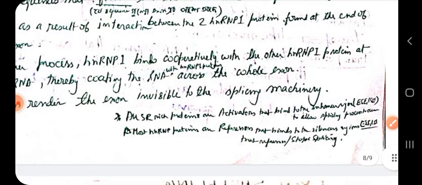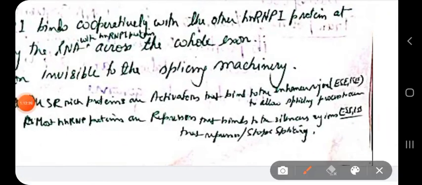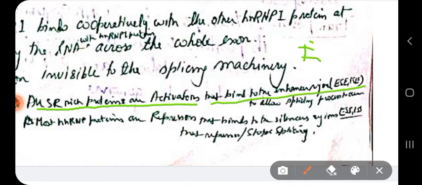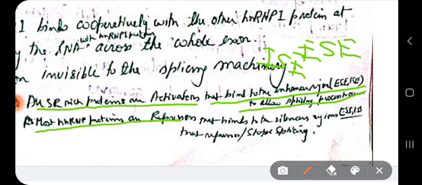Okay, so in simple words, in short, I have written that all SR-rich proteins are activators, and these activators bind to the enhancer regions like exonic splicing enhancer and intronic splicing enhancer, to allow the splicing process to occur. And most of the HNRNP proteins are repressors.